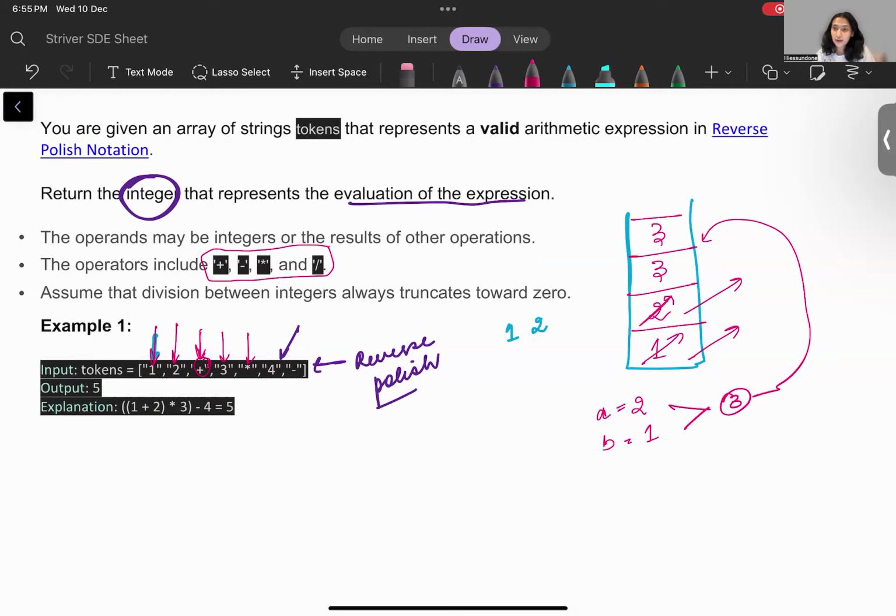Then you come to another operator. Now you get this in A, you get this in B, and A into B, 9 is pushed into the stack. Then you get 4. You push this into the stack. Then you get minus. So now this is your A, this is your B. So what happens?